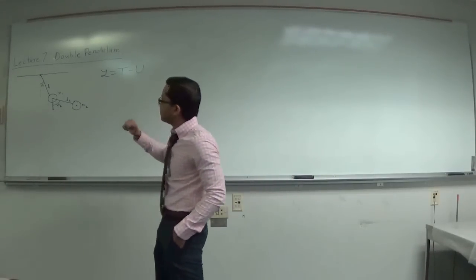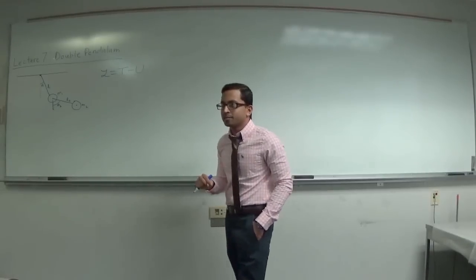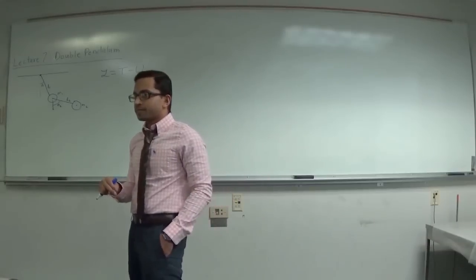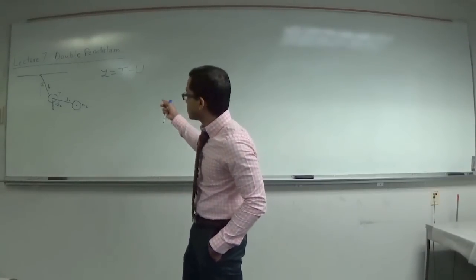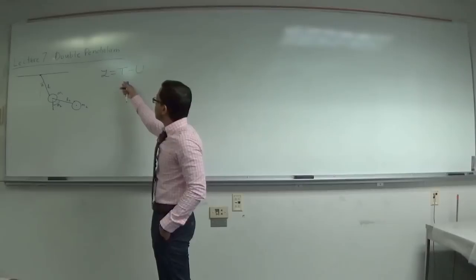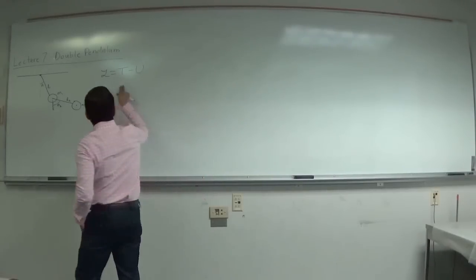What's easier to find here, though, the kinetic or potential? Potential. Okay, so the potential energy is going to be a lot easier to find than the kinetic. So let's go ahead and try to find the potential energies.